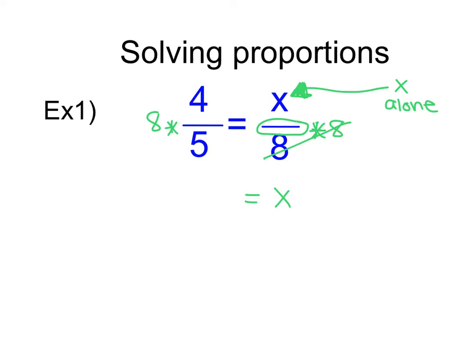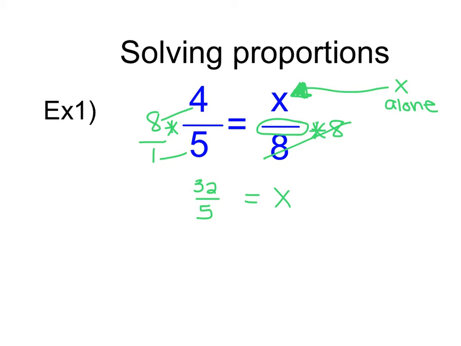While that might seem like a difficult problem to solve, we actually know how to multiply fractions now. We can turn 8 into the fraction 8/1. So I really have 8/1 times 4/5. Then I simply multiply the numerators and multiply my denominators, so I end up with 32/5.